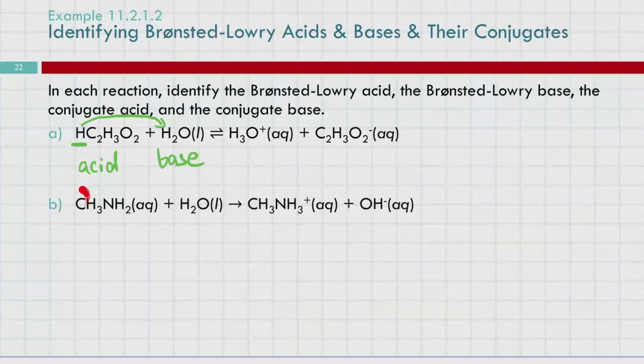And then in B, let's look at what happens. We've got CH3NH2, we've got H2O. On the right side, how have they changed? One of them got an extra proton, one of them lost a proton. Which one gave their proton away? Water. So water, H2O, in this case, is the acid because we created this OH minus from the H2O.